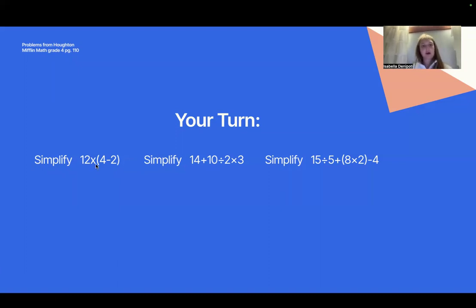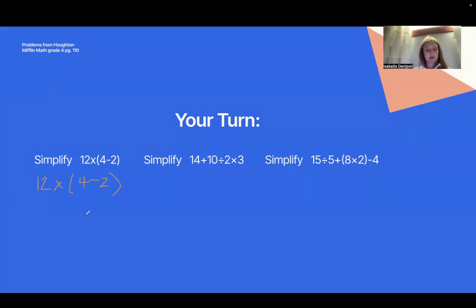So first we have 12 times (4 minus 2), with the 4 minus 2 in parentheses. So you will do 12 times (4 minus 2). Sorry, I like to rewrite problems. Helps me think. So you do the 4 minus 2 first.